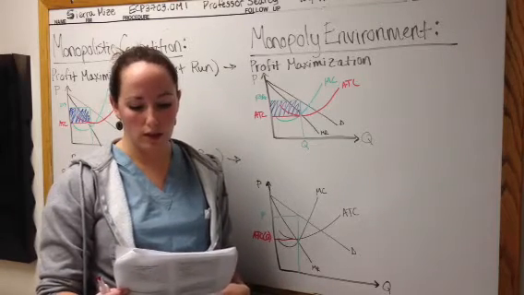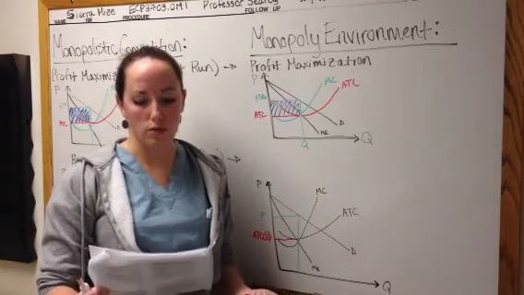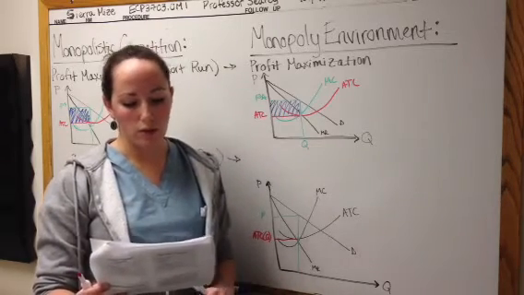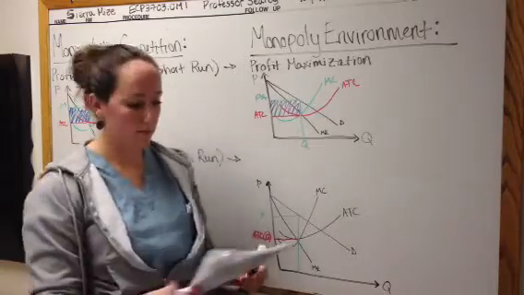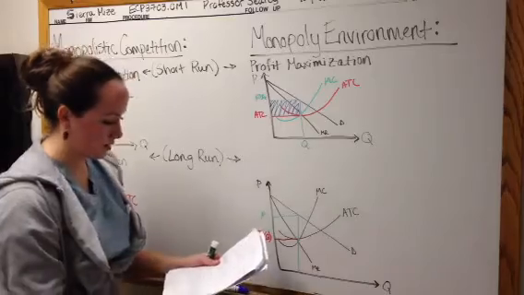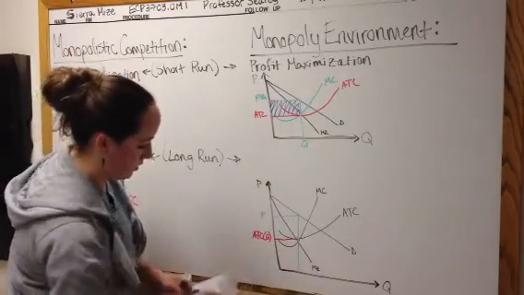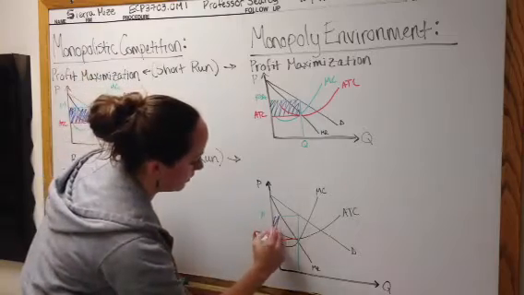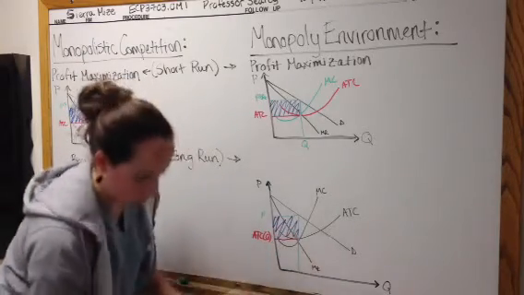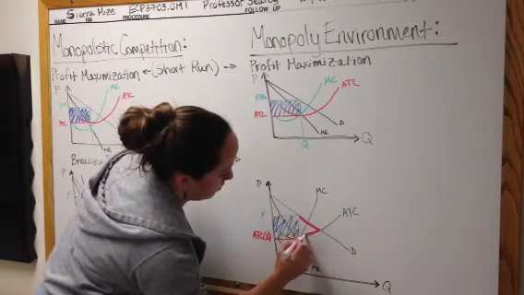Consumers would be willing to pay more for one more unit of output than it would cost to produce the unit, but the monopolist won't do it because it would reduce the firm's profits. So this is where the deadweight loss of monopoly comes into play. So this looks very similar. Here's the profits. But here is this deadweight loss.